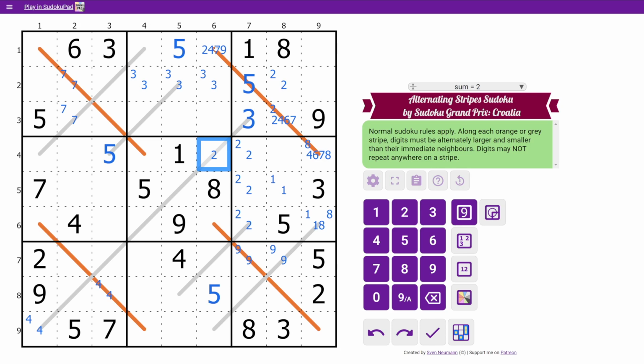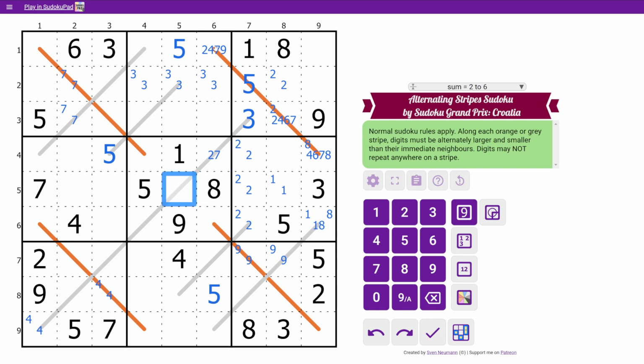But if it was higher, say if this was even 6 could go there. Oh well, it couldn't be a 9, so the highest it could be is a 7.